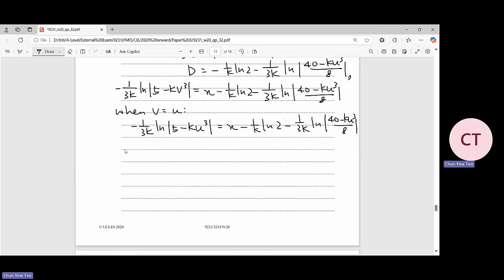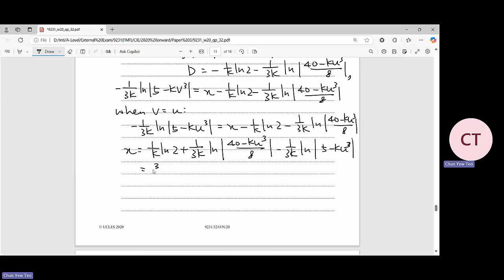So we just join together. X is equal to 1 over k ln 2 plus 1 over 3k ln modulus of 40 minus ku cubed over 8 minus 1 over 3k ln modulus of 5 minus ku cubed.